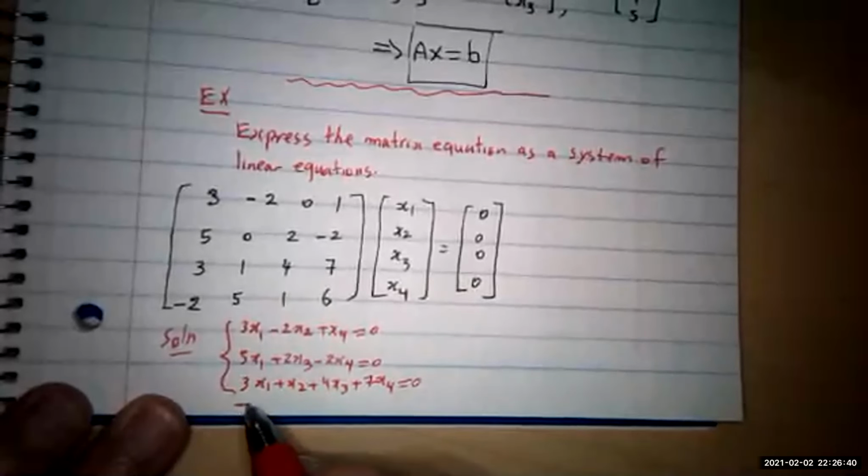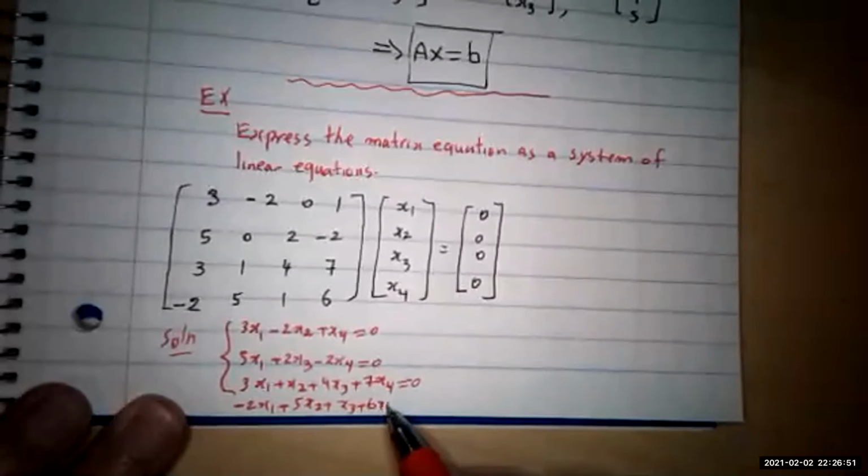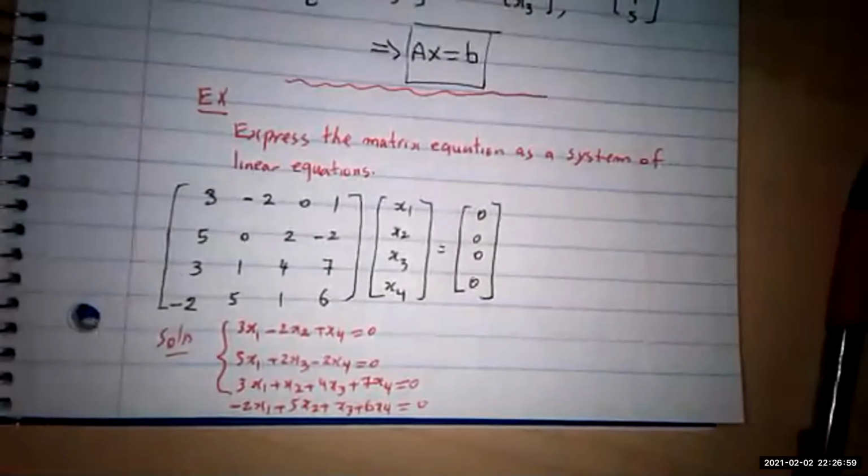And the last one is negative 2x1 plus 5x2 plus x3 plus 6x4 equal to 0. So it's the other way around, going from one format to the other, and be prepared for it, because we will work with this in the future.